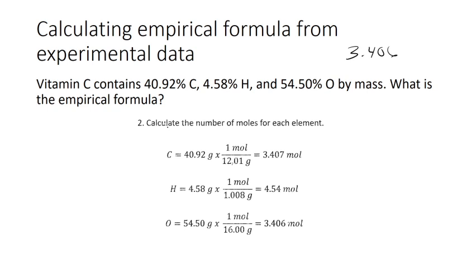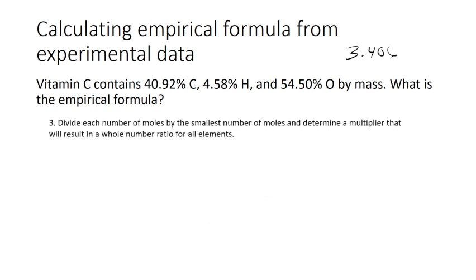Our next step is to divide each of the number of moles by the smallest number of moles and determine a multiplier that will result in a whole number ratio for all elements. So pause the video, write that down, read it, and we'll see how this works.